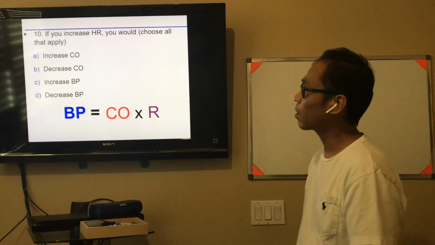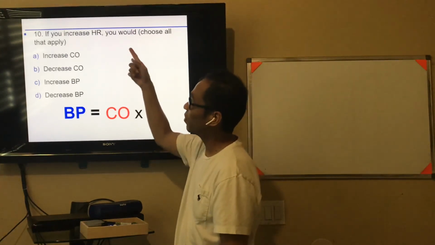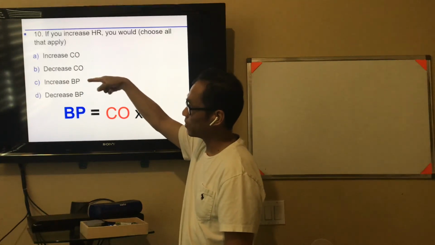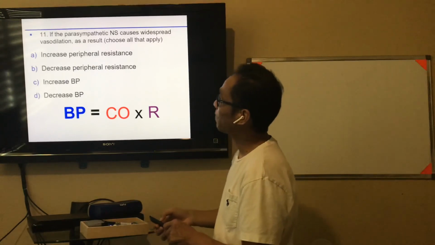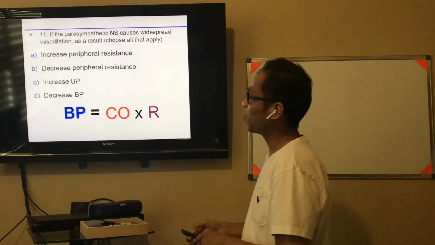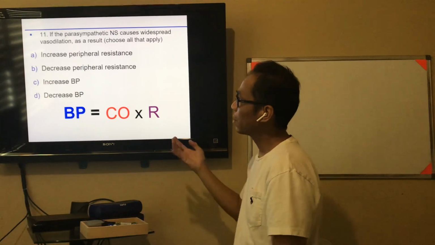If you increase heart rate, you would, choose all that apply, increase cardiac output, increase blood pressure: A and C. If the parasympathetic nervous system causes widespread vasodilation, which would occur, choose all that apply.